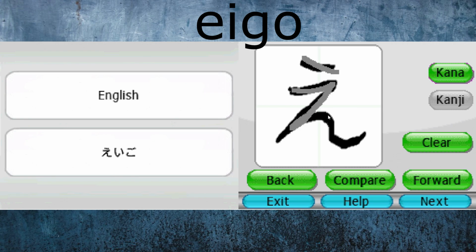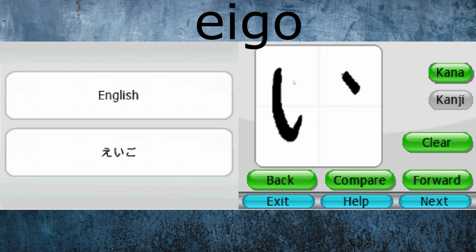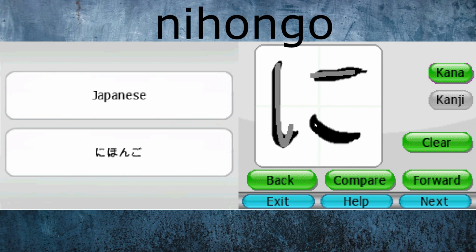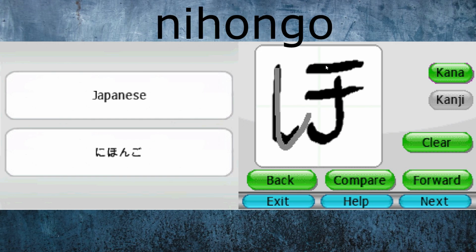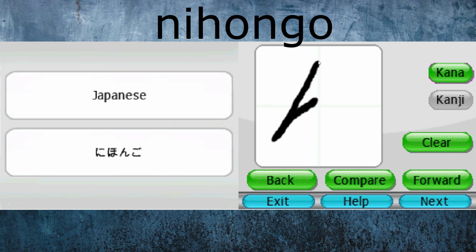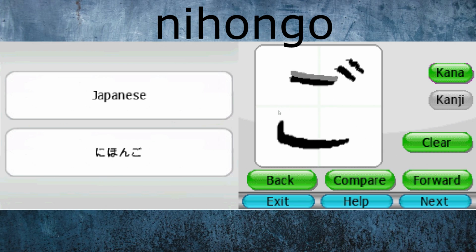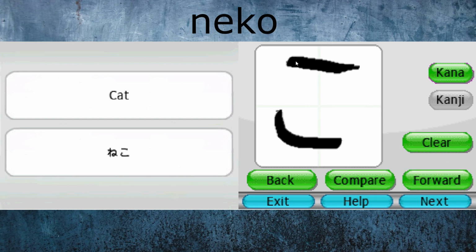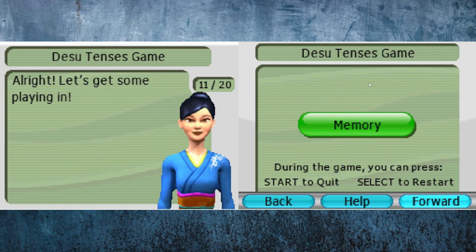English is eigo, so e, go. Japanese is nihongo, so ni, ho, go. Nihongo. Cat is neko, so ne, ko. Neko.